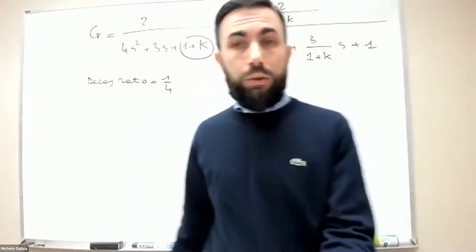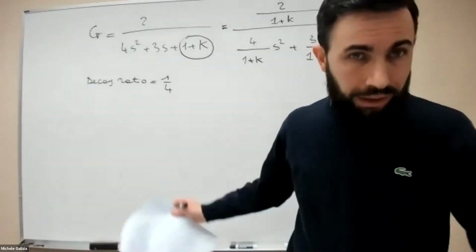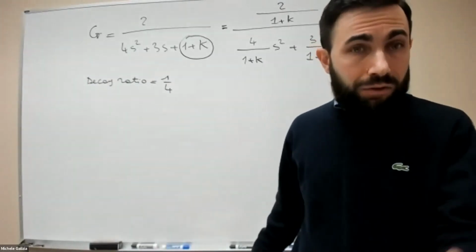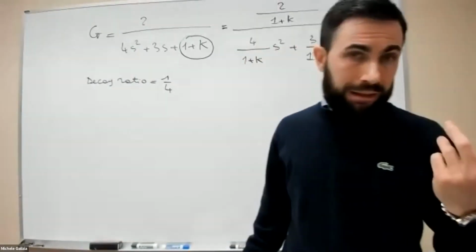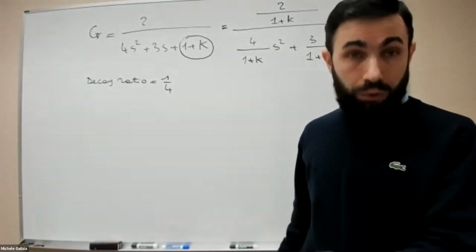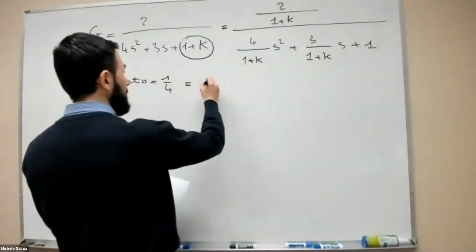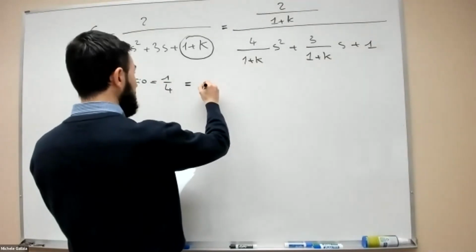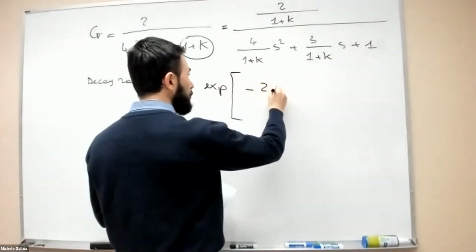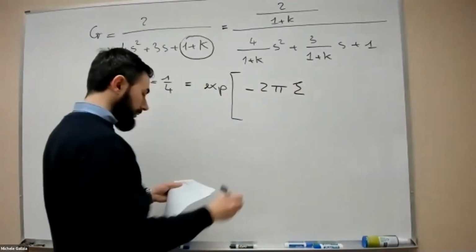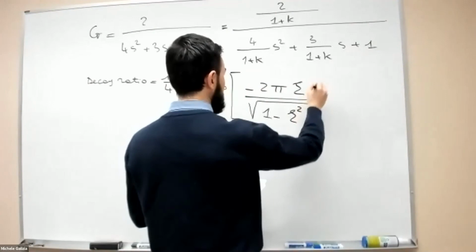During the exam, when you solve the problem, you have your notes, the book, the handouts. Just look for the formula. You don't need to remember the formula, just remember where you can find it. The decay ratio, by definition, is the exponential of minus 2 pi psi divided by the square root of 1 minus psi squared.